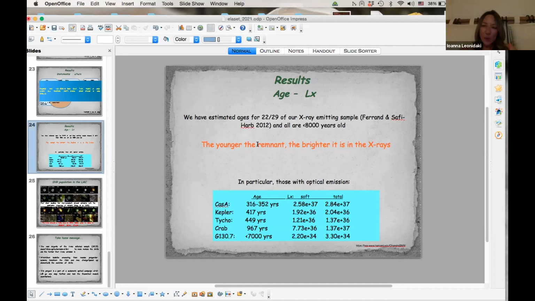Well, actually, it's both. If you have emission from an object, let's say optical and X-rays simultaneously, this doesn't mean that the emission comes from the same region. You don't expect to see X-ray emission from the same area where the optical emission comes from. You need a denser environment to have the optical emission and a less dense environment to have the X-ray emission.